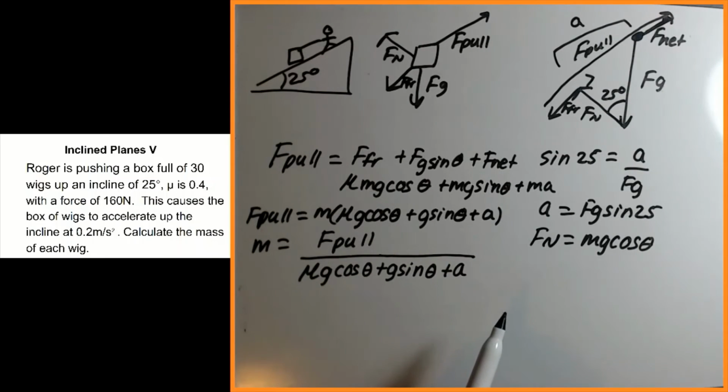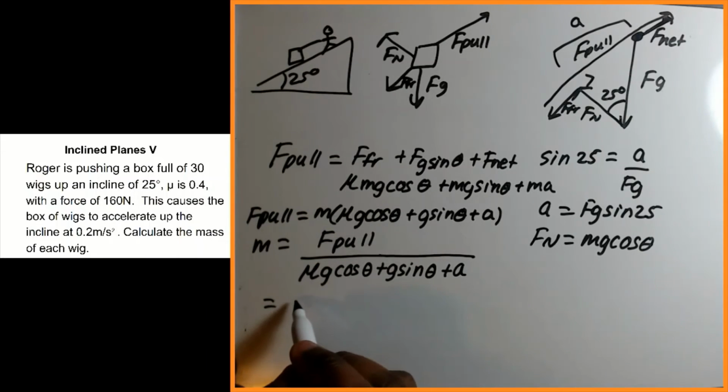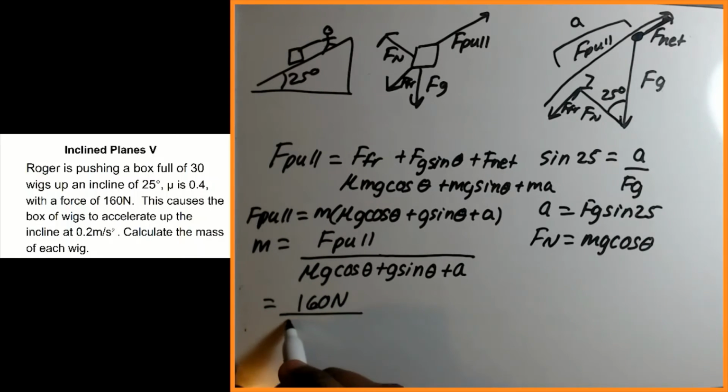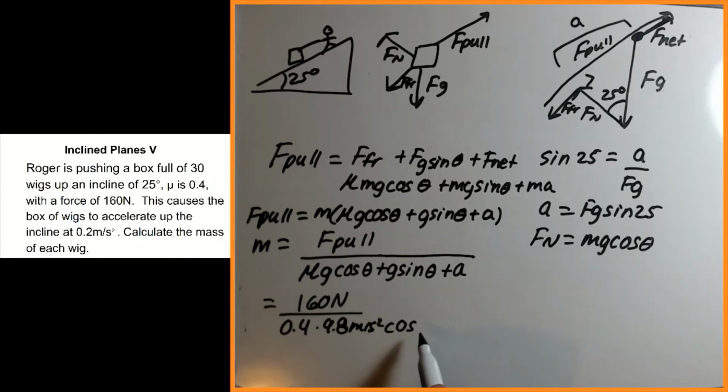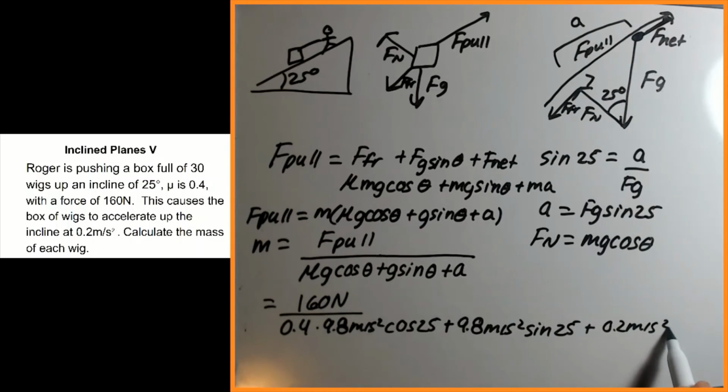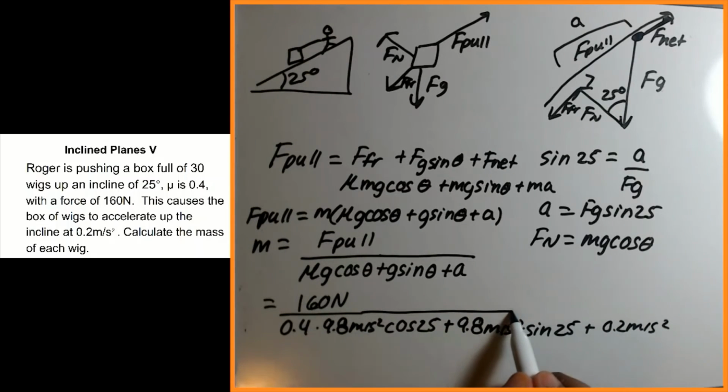All right, so now we can just go ahead and plug in the numbers. So what we get is 160 newtons all over 0.4 times 9.8 meters per second squared times cos 25 plus 9.8 meters per second squared sine 25 plus 0.2 meters per second squared. All right.